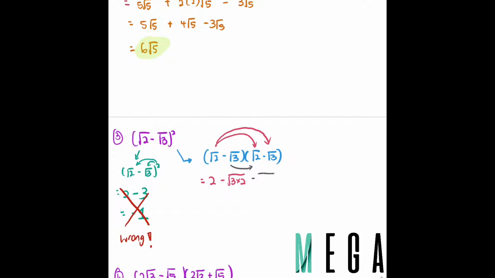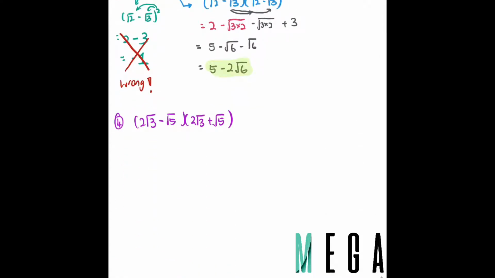Again, I will have negative surd 6. And the last one, negative surd 3 multiplied by negative surd 3, I will get a positive 3. So what is my final answer? 2 plus 3, I will get 5, and negative surd 6, negative surd 6. So finally, I will get 5 minus 2 surd 6. That is my final answer.